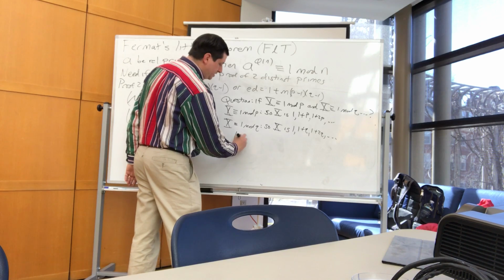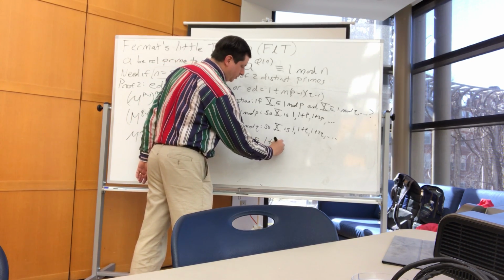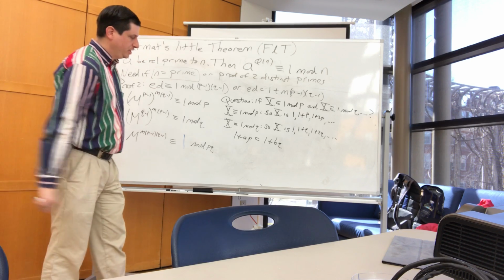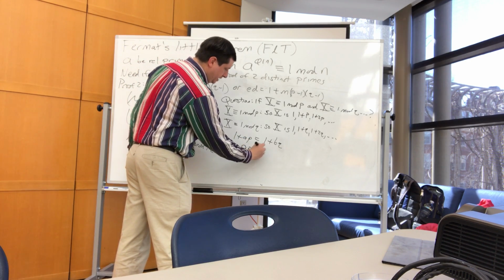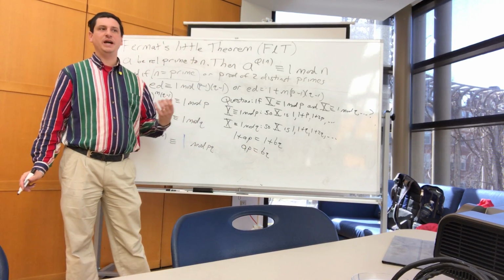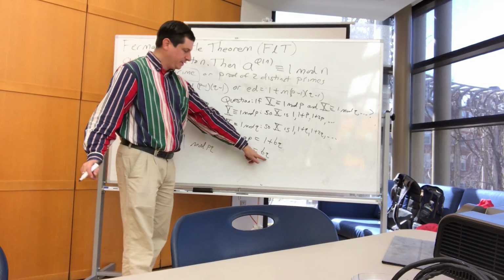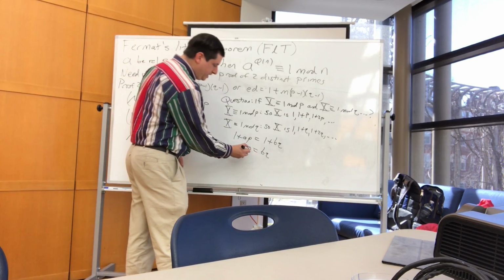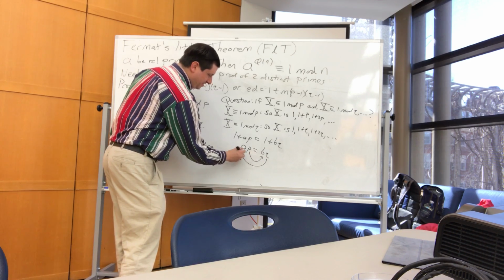So let's say it's 1 plus ap equals 1 plus bq. Then we can subtract the 1s, and we get ap equals bq. Using the fact that a prime, if it divides a product, has to divide at least one of the factors, can p divide q? No. So p divides b, and q divides a.